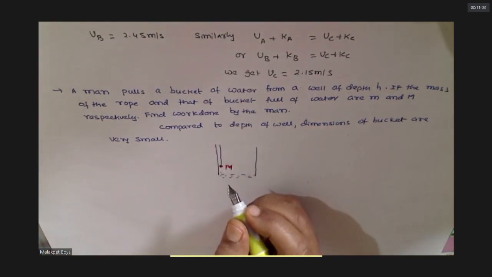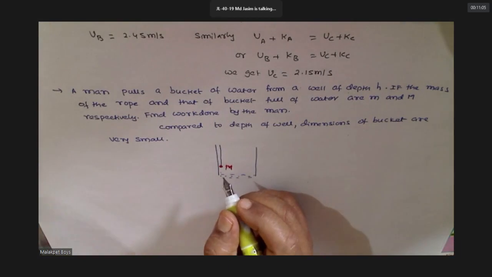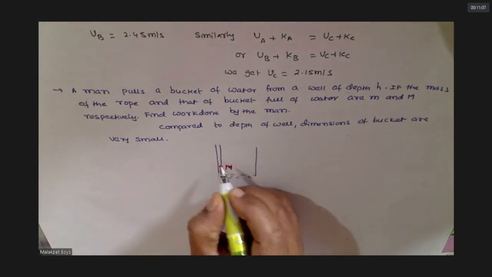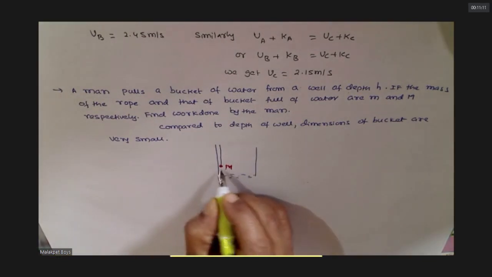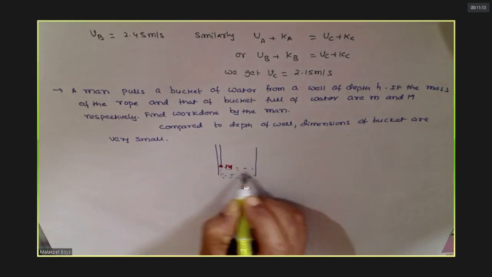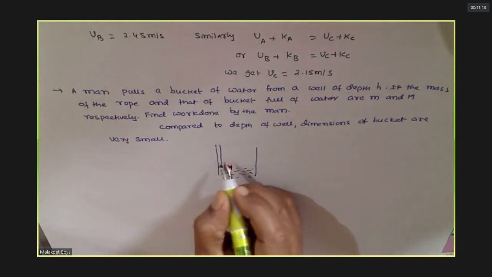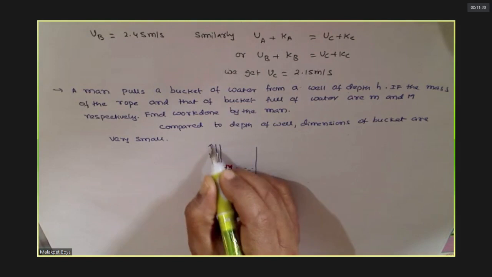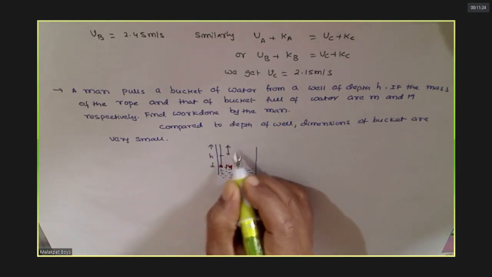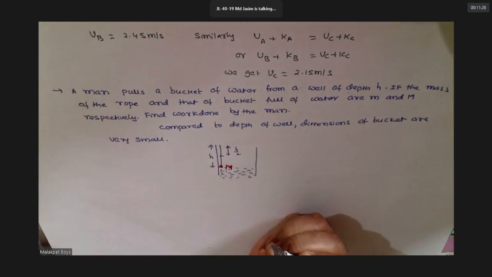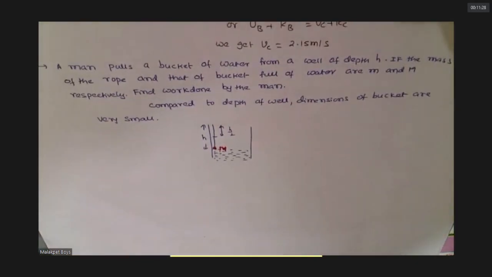What is the length of the rope? The bucket should be here, till here, no? Water should be here to pull the water. Bucket should be inside this. This is height h. That means this is h by 2. Do you agree with this? Yes, sir. Is it clear? Yes, sir.